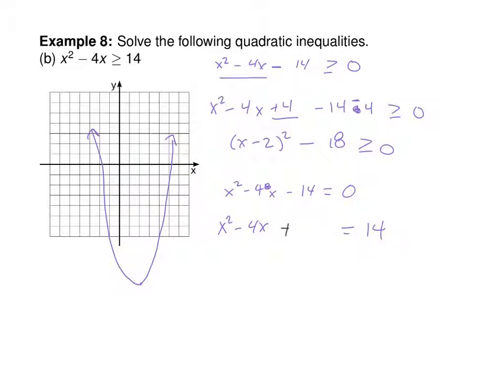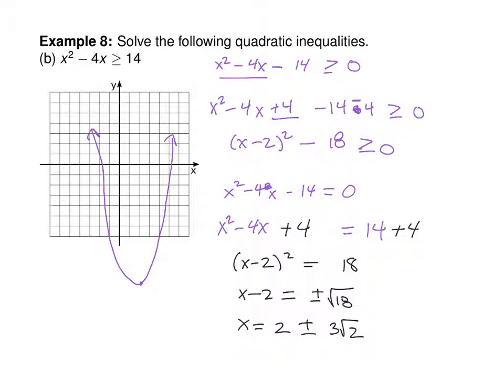Now we add 4, right? X minus 2 squared equals 18. X minus 2 equals plus or minus root 18, right? Does that make sense? It's a little speedy. X equals 2 plus or minus. Can you simplify root 18 at all? 2 and 9, so it'd become 3 root 2.